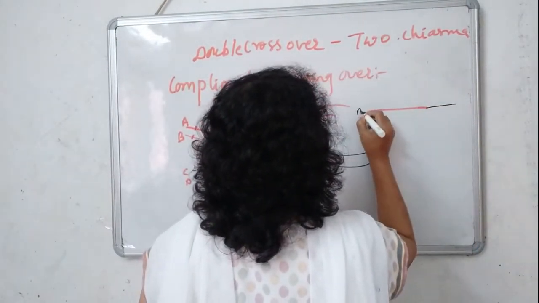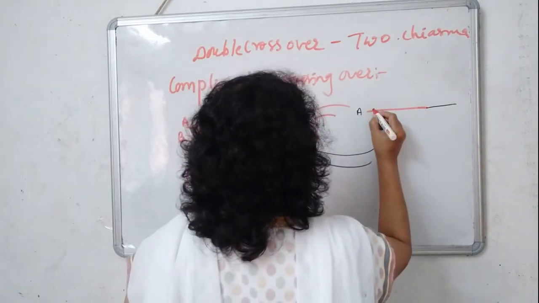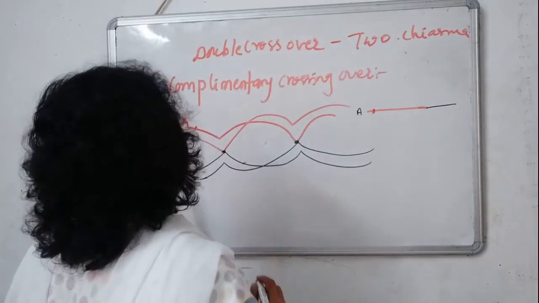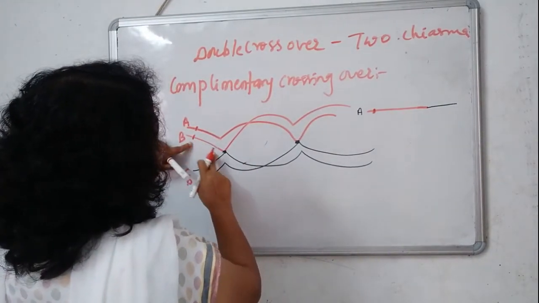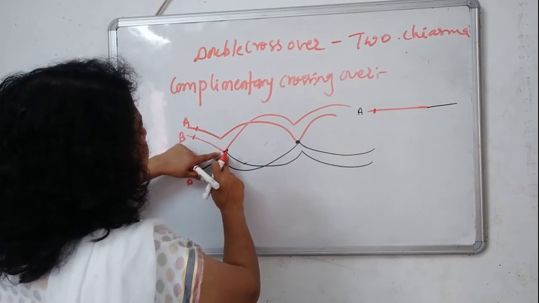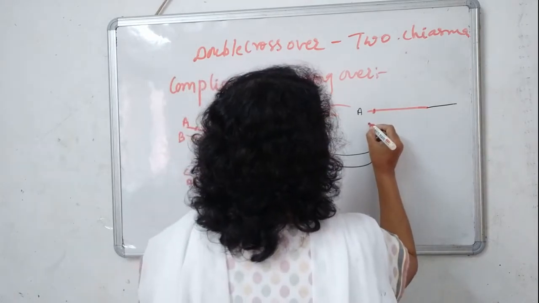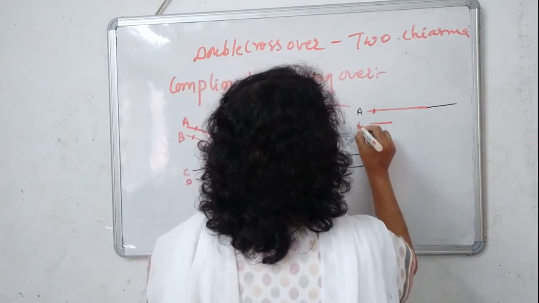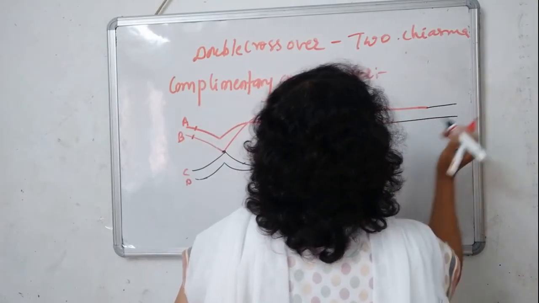Then B has the small red part and the long black part.